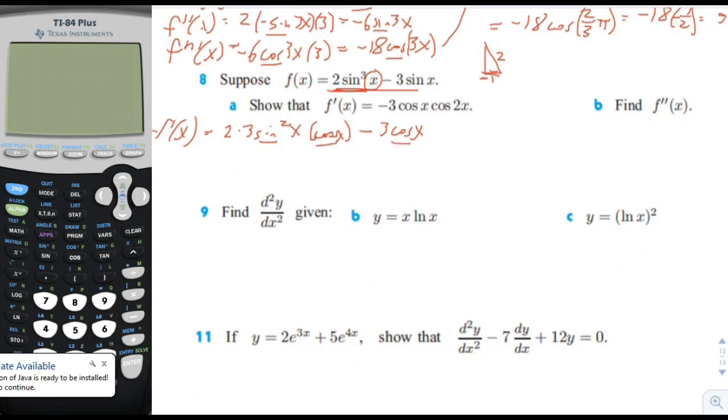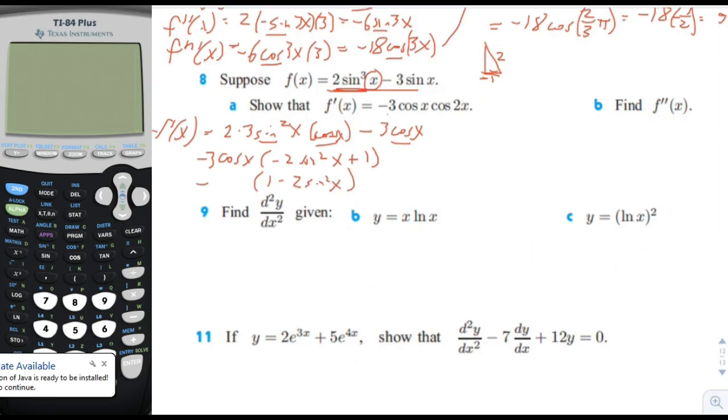So if we factor out the cosine, and maybe we'll factor out a negative 3 too, then we'll have negative 2 sine squared x, and then this will just be plus 1. So now we have negative 3 cosine x times 1 minus 2 sine squared x.